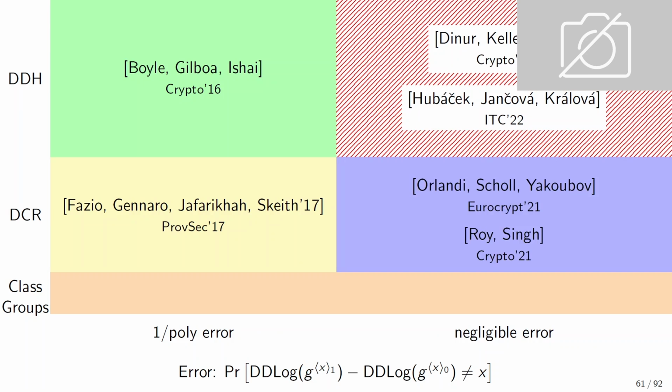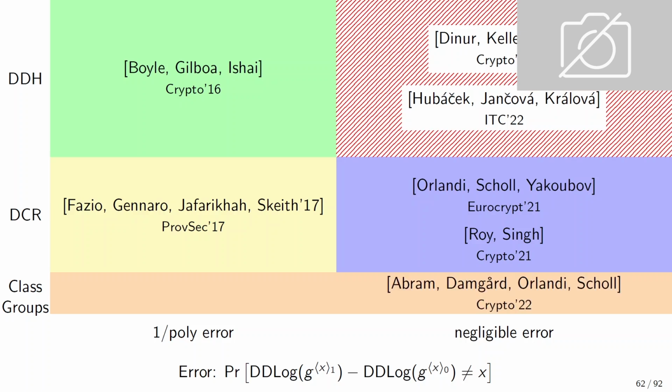In these magic groups, more recently, two papers proposed solutions which, for the first time, got rid of the non-negligible error. So these are really interesting when it comes to applications.